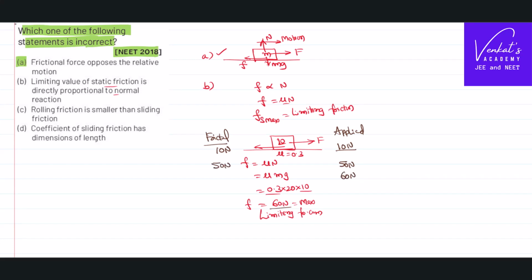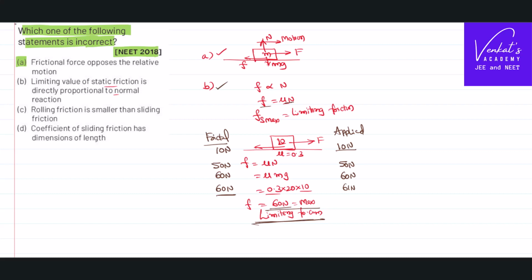When the applied force is 60 Newton, frictional force becomes 60 Newton. When the applied force is 61 Newton, frictional force remains at 60 Newton itself, because it's the maximum or limiting frictional force. So within the limiting friction, friction self-adjusts itself to the applied force. That's the very nature of static frictional force. But in spite of all that, frictional force is directly proportional to normal reaction is also a right statement.